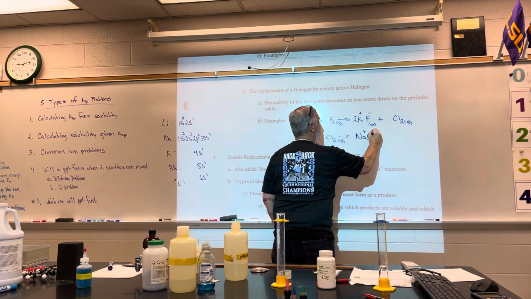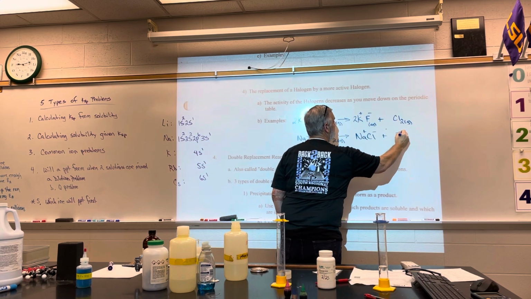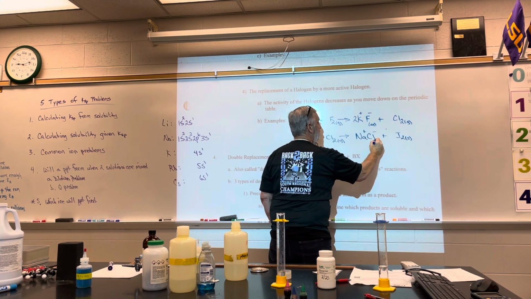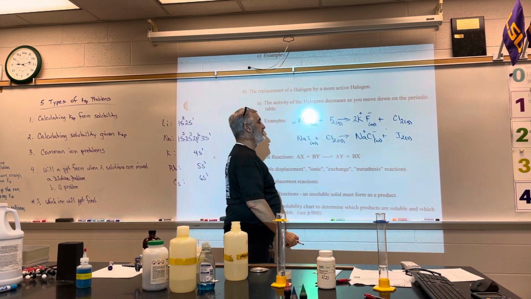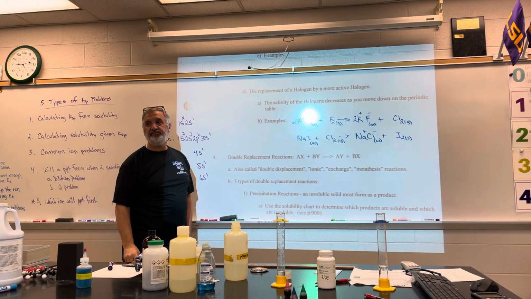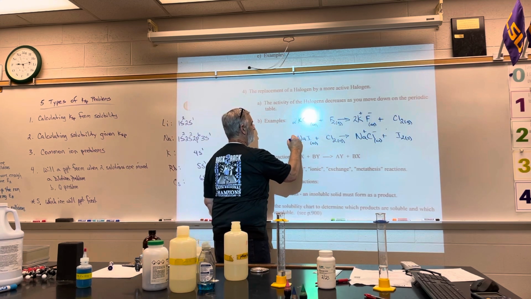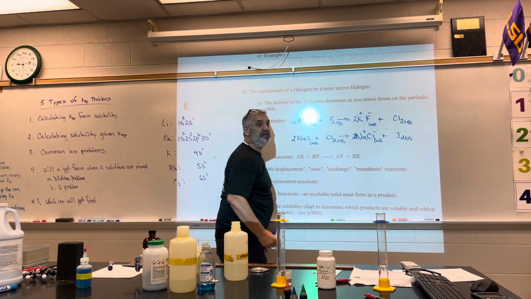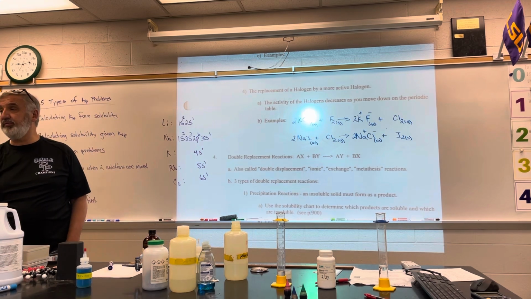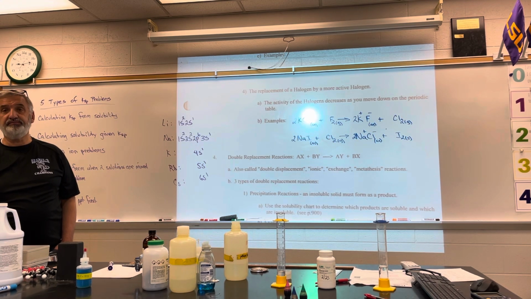Na+ and Cl-, plus iodine. So I have to balance it again. It's exactly the same way. So these are all going to look the same, just kind of like the reaction of the alkali metals with water. They're all going to look the same.